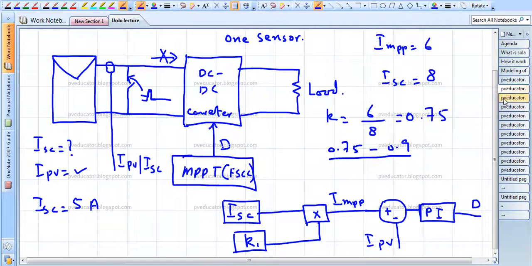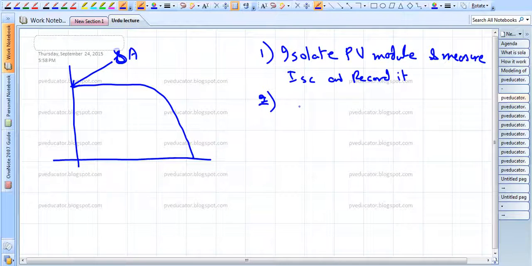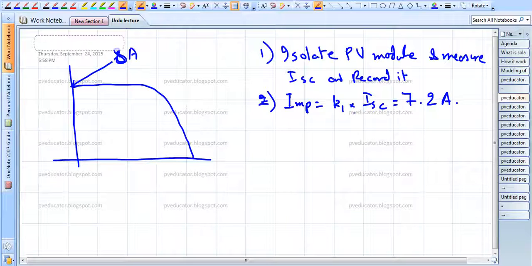If we consider it 0.9, then we will compute IMPP is equal to K1 times ISC, that is equal to 8 into 0.9, and this will give us 7.2 ampere, considering this to be 0.9.